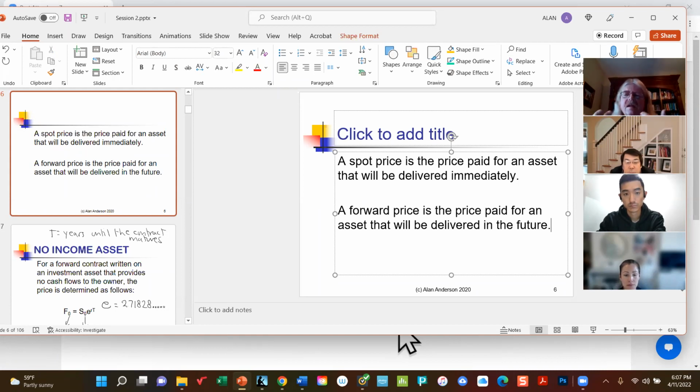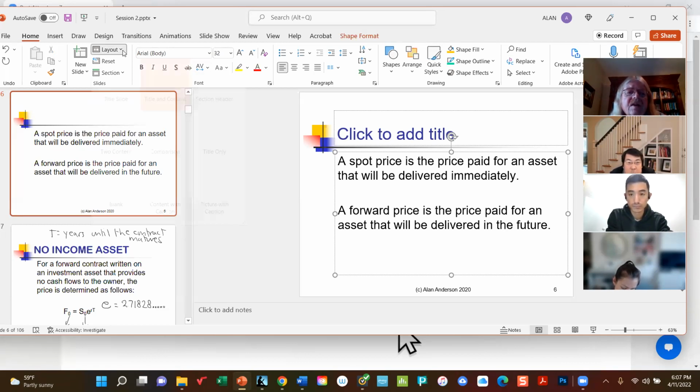Okay, so in other words, anything beyond the immediate future, like I said, 2 days with currencies, is defined as a forward price. For example, I might arrange a contract with a bank in which I agree to take delivery of British pounds in 3 months. The price that I'm agreeing to is actually a forward price, because the pounds will not actually be delivered for 3 months. And at that time, I will pay the forward price for those pounds.